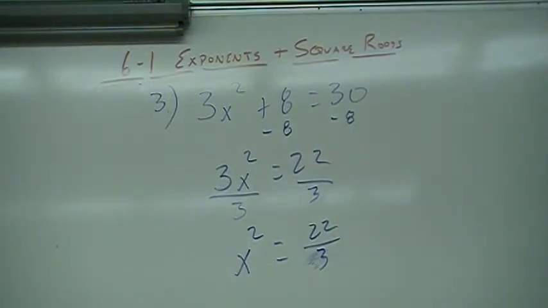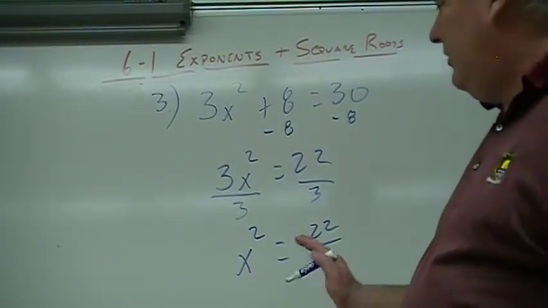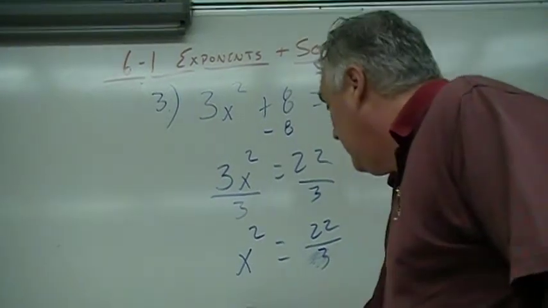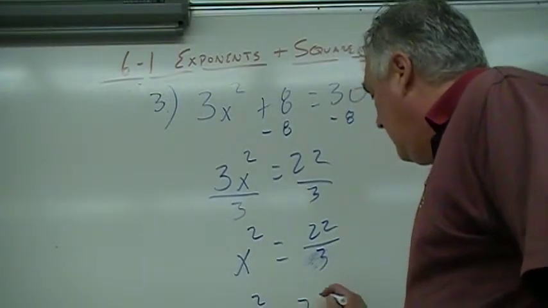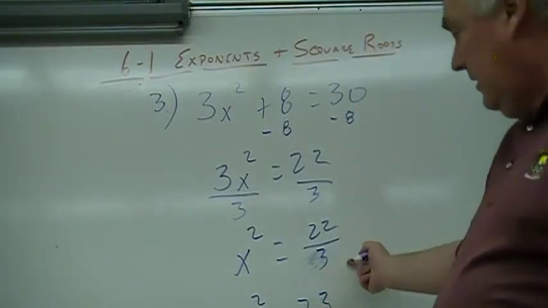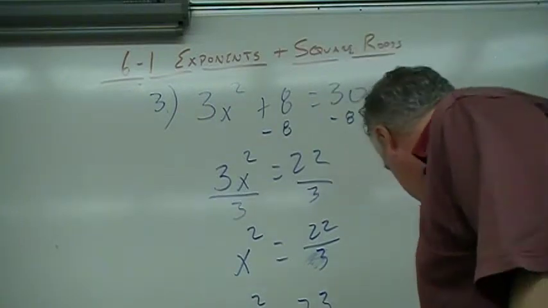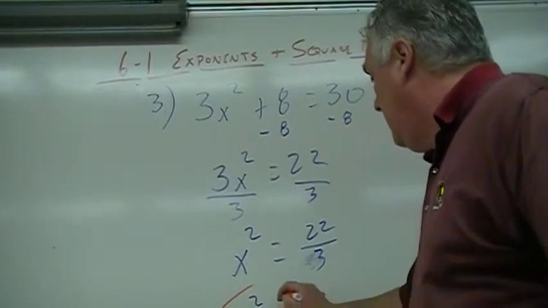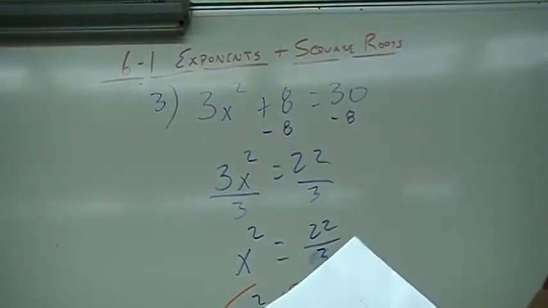All right, so that looks complicated because it's a fraction. Don't worry about it. Do 22 divided by 3, and you will get 7.3. Just do the division with the calculator. You'll get that. Then root both sides.